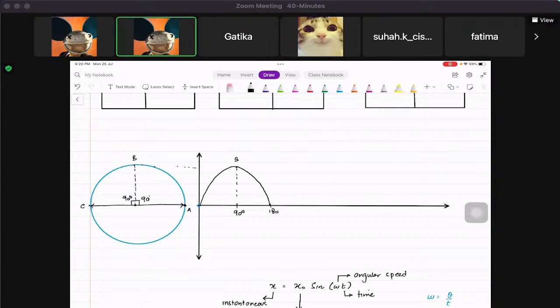Now, this is C. And then if I go to this point, which is D, you will see that it's 90 degrees again, so it's 270 degrees, which means that now I'm at this displacement. I'm going to continue this line right here, and it will go like this. Is it clear, everybody?